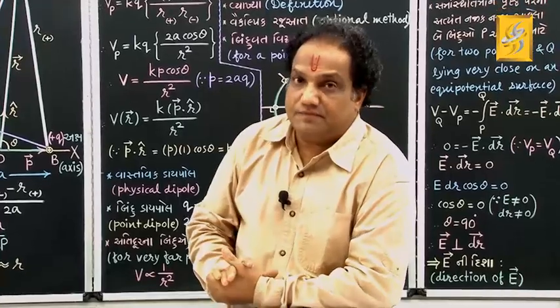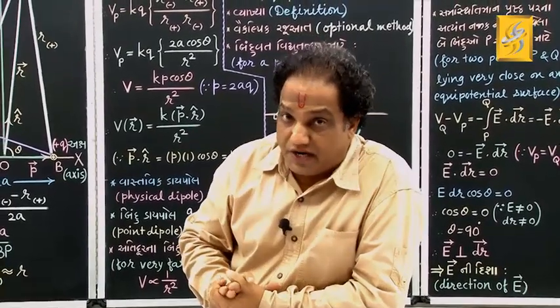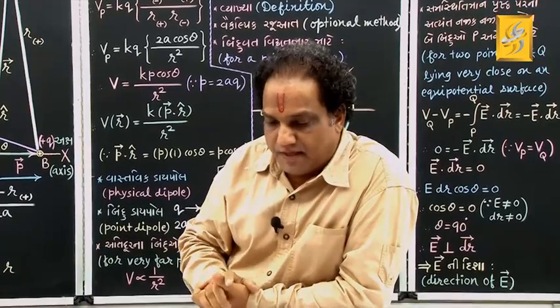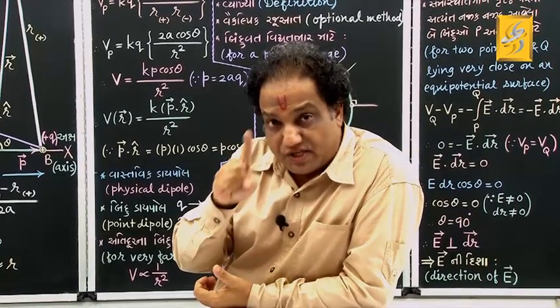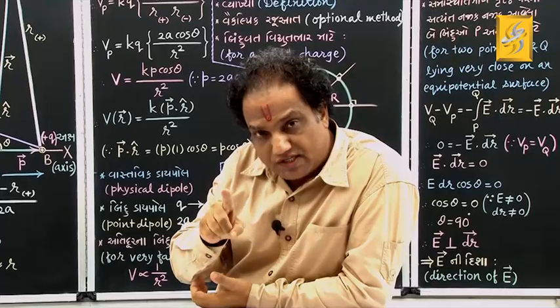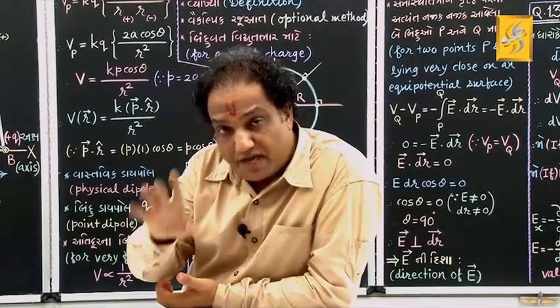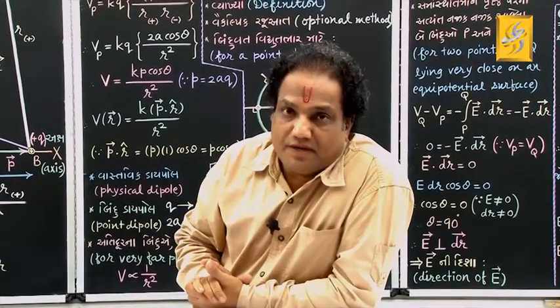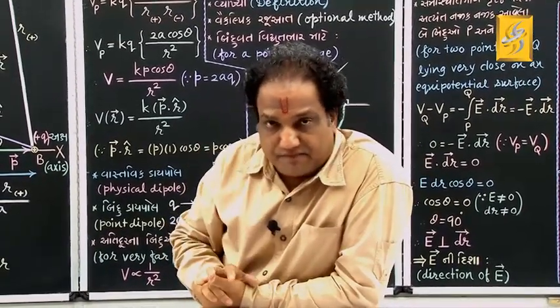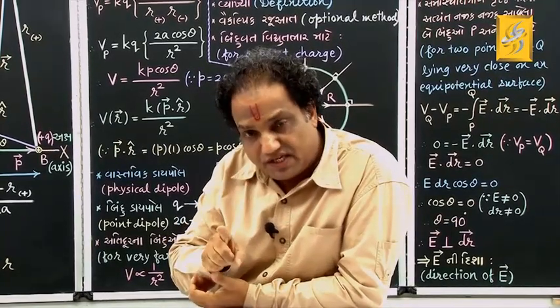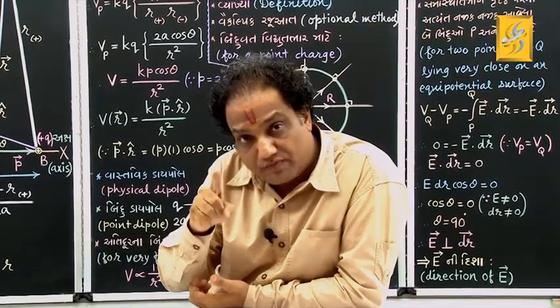My dears, here 2 points are very interesting. Which are those 2 points? First, if electric field is present, it is not necessary that electric potential also must be there. And reverse, if electric potential is there, then it is not necessary that electric field also must be there.